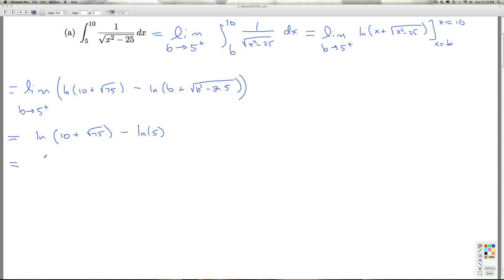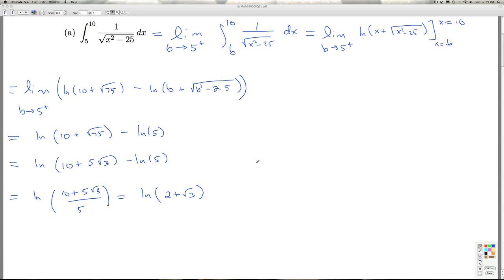Now if we simplify this a little bit further, I get the natural log of 10 plus, and 75, I can reduce that radical down to 5 radical 3, minus natural log of 5. And I can use log properties to rewrite this as 10 plus 5 radical 3 over 5, which is a natural log of 2 plus radical 3.